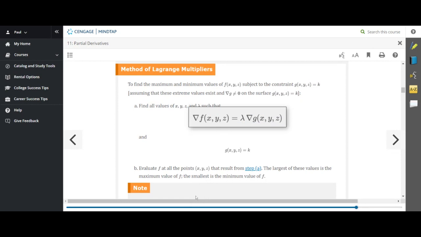And then you have to see which points give you maxima or minima. So let's just go right to an example here. That'll help us.